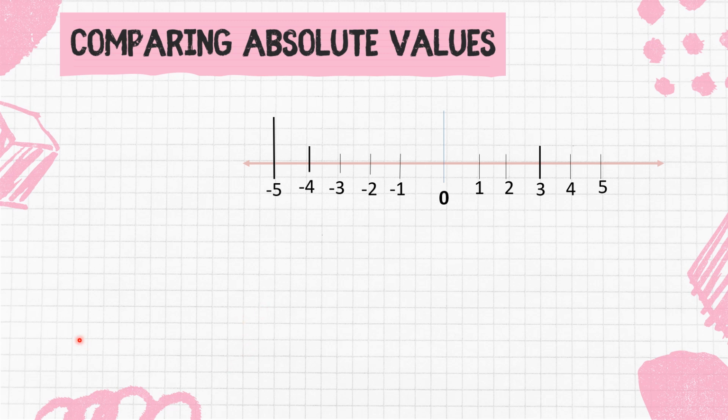And let's see the distance. From 0 to 3, it is 3 units. From 0 to -4, it is 4 units. It's not negative 4, it is 4 units. And from 0 to -5 is what?